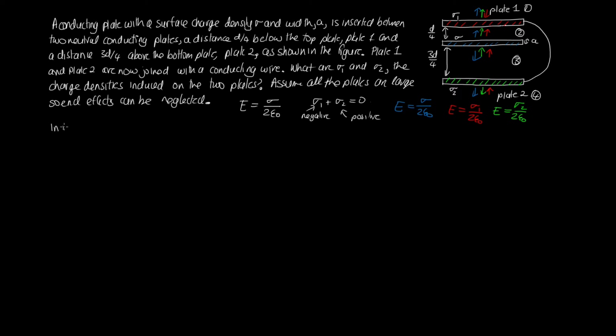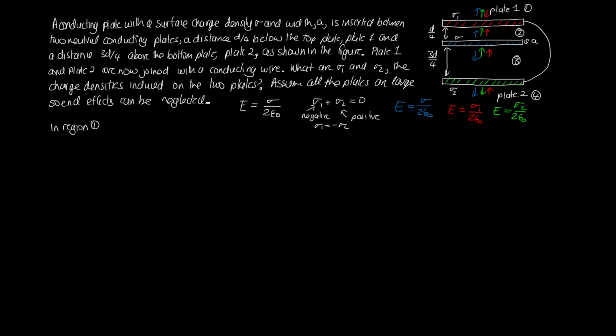So in region 1, we've got the electric field due to the inserted plate going up, and then the electric field due to these two plates, plate 1 and 2, one is going up and one is going down. And they're given by sigma 1 on 2 epsilon naught and sigma 2 on 2 epsilon naught. So you can see that because of this expression, which tells us that sigma 1 is equal to minus sigma 2, these electric fields have the same magnitude but opposite directions, so these two must cancel out.